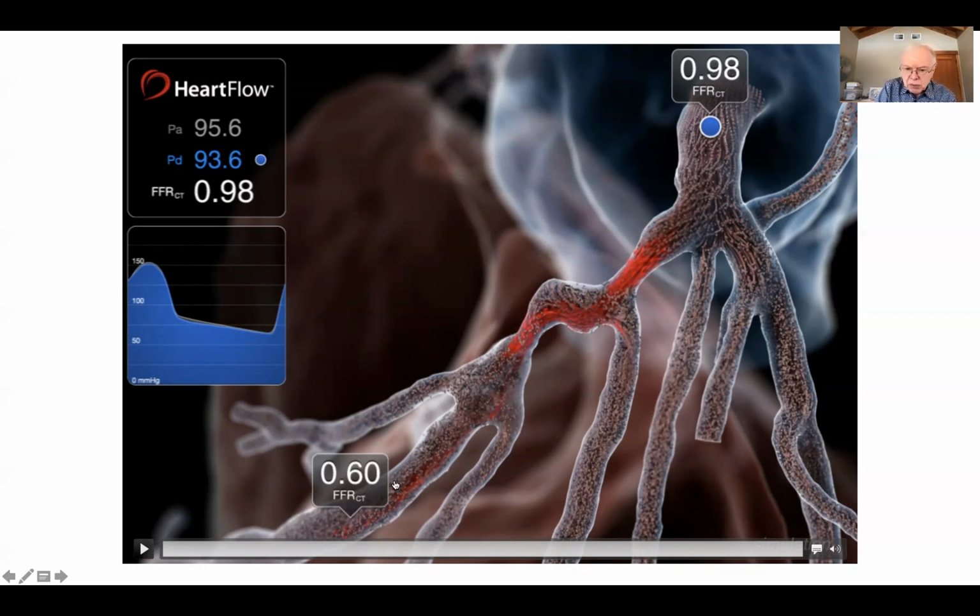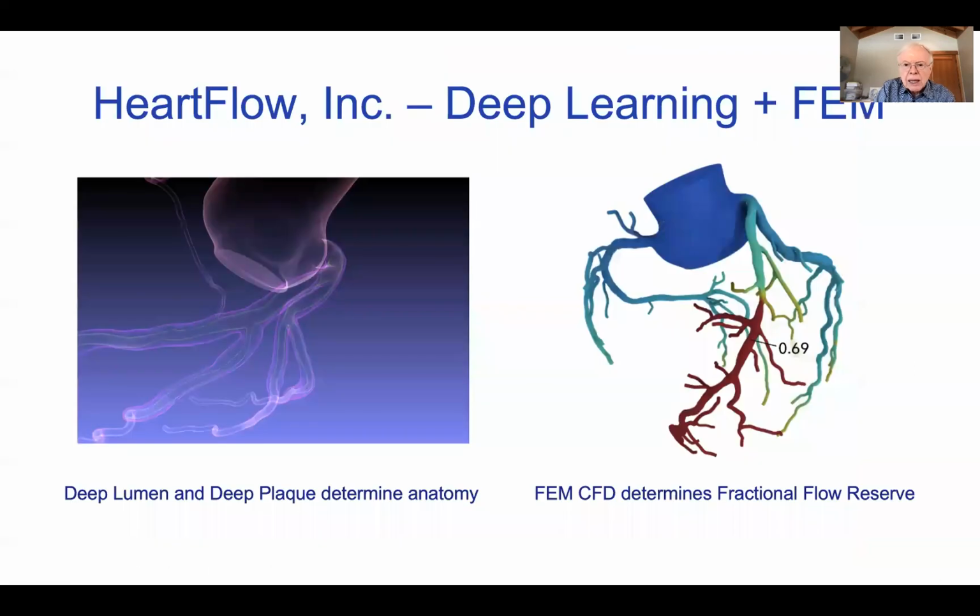Here at 0.6, this person needs an intervention. If it's below 0.8, you need an intervention. So how do they do all this? Well, they go from medical imaging, CT scans of the heart and the coronaries, and they have deep learning technologies to generate the luminal boundaries of the vessels, the outer walls, the diseased areas, et cetera.